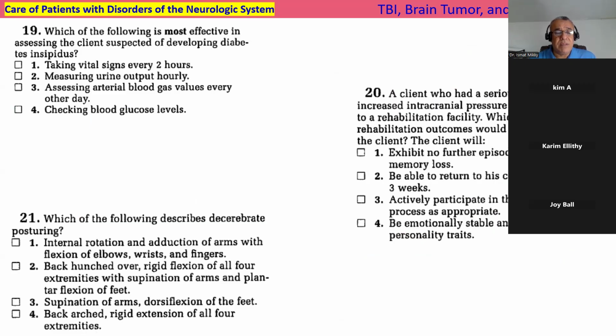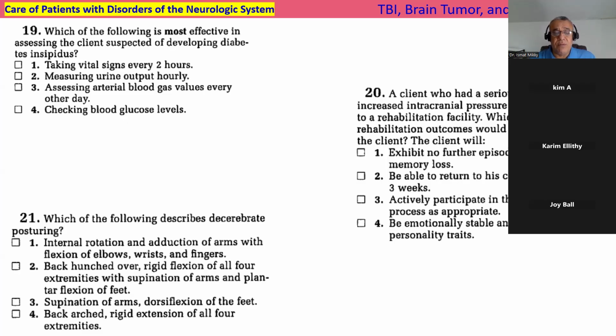No, and supination and pronation of the arms are not part of it. But number 4 is the correct one, which is back arched, rigid extension of all 4 extremities, because decerebrate is external, or outwards.